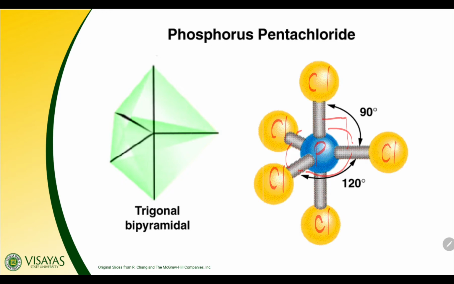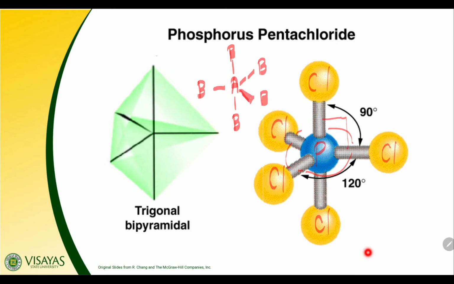Now, how do we draw an AB5 molecule? So we have our central atom, and then one atom at the top, one at the bottom. Then we have one atom here, and here we have our broken line, and we have our wedge line here.